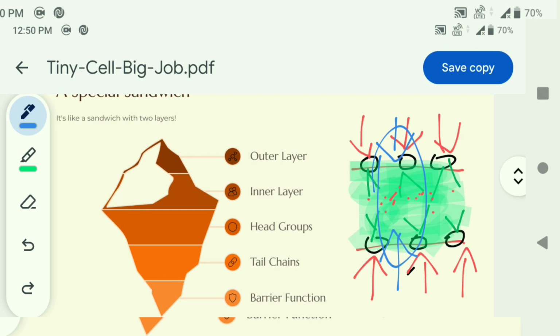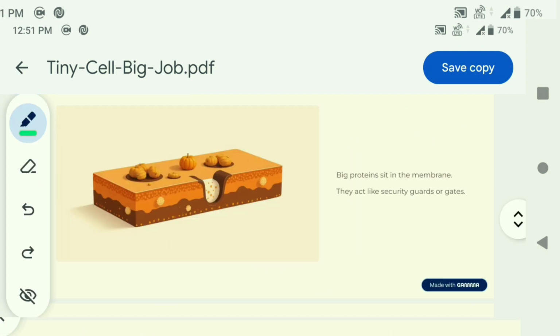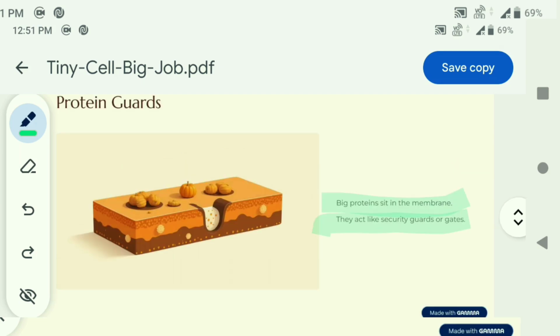The things move inside or outside from the cell with the help of this protein. These proteins sit in the membrane and act like the security guard and gates. I will show you the structure of the bilipid layer with the protein inside it. Just one second.